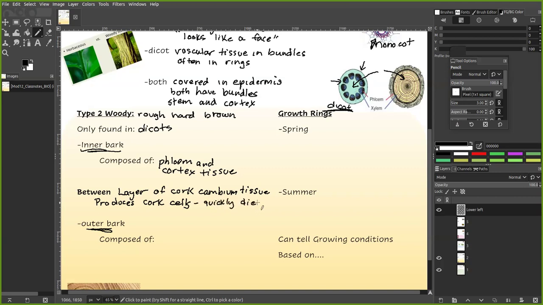And they keep moving out. So more of these cork cells get produced underneath and keep pushing the old ones, the ones that have died or are in the process of dying, out towards the outside. They get pushed outside. And they become the outer bark. So it's dead cork cells.